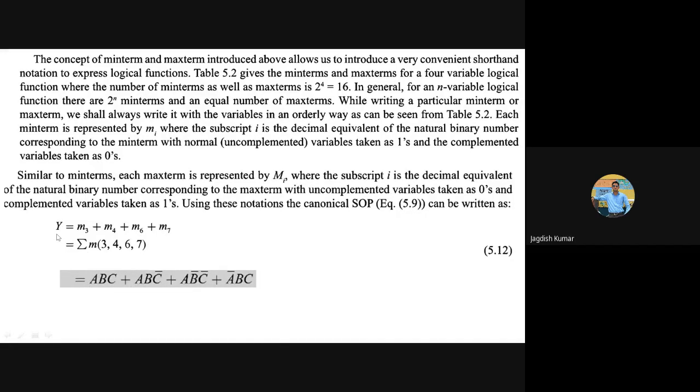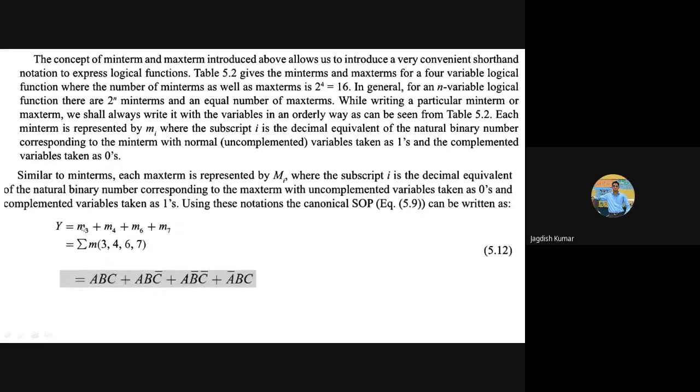So by using the canonical form of SOP or POS equation, we can write down any Boolean expression in this kind of shorthand notation. So this can be written like Y is equal to summation over m. Small m means min term, okay? What does this mean actually?